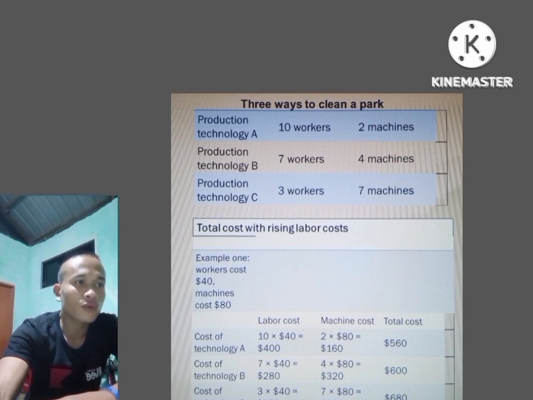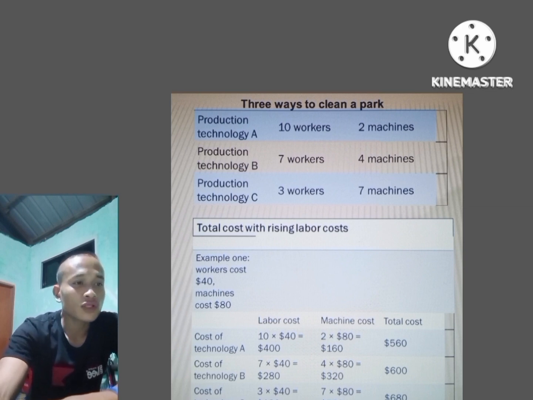The total cost with rising labor cost, example number 1: worker cost is $40 and machine cost is $80.